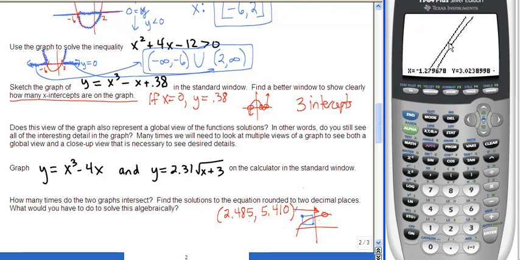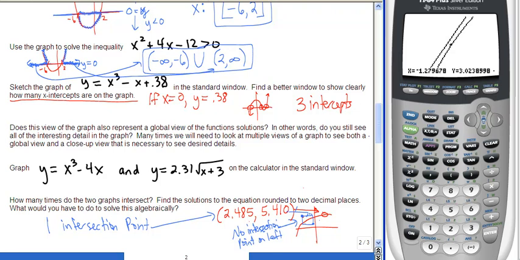So in fact, in my graph over here, there is no intersection point on the left side. So there's only one intersection point total, and it was at 2.485 for x and 5.410 for y.